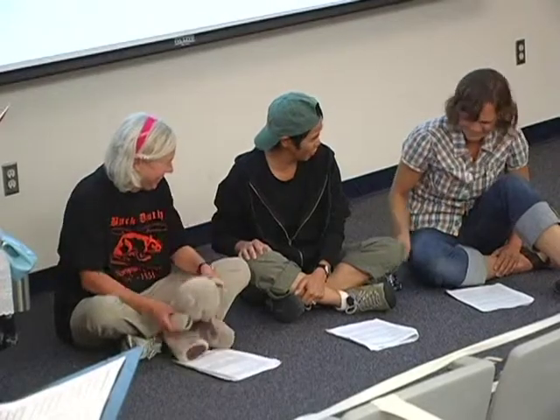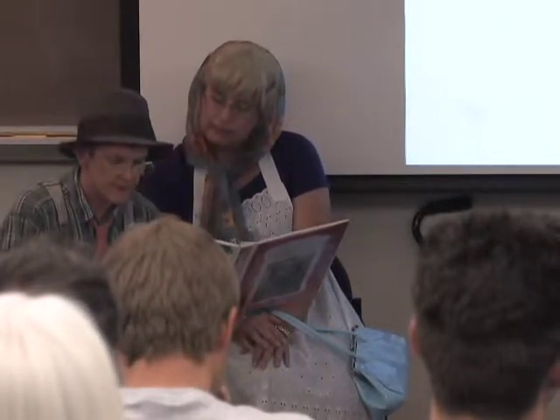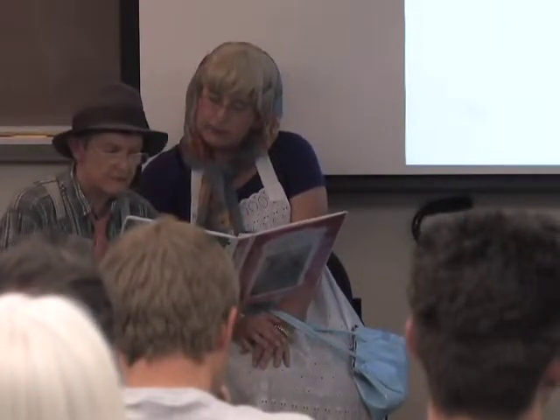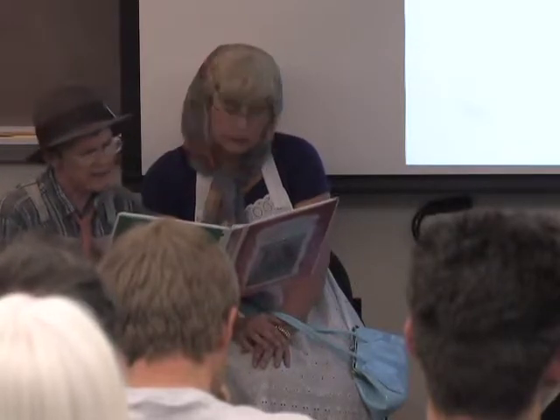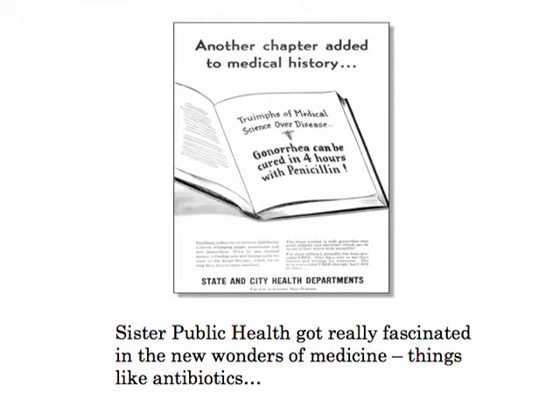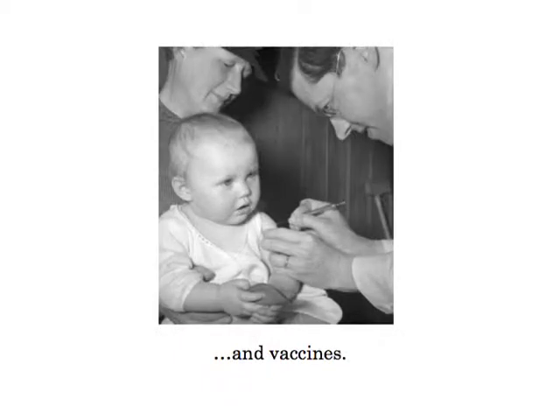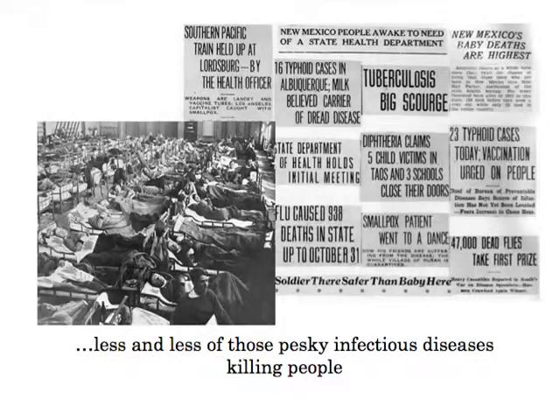But then, as often happens with siblings, they started growing apart. They didn't hang out together as much, and they each started developing their own interests. Sister Public Health got really fascinated with the new wonders of medicine, things like antibiotics and vaccines. Now as she grew older, it seemed like there were less and less of those pesky infectious diseases killing people.